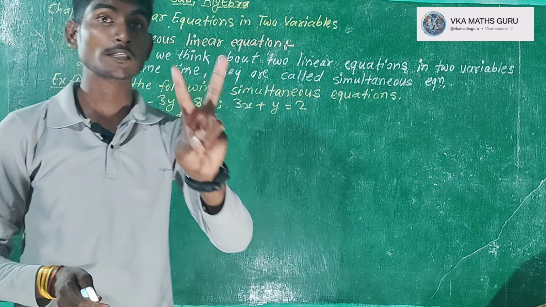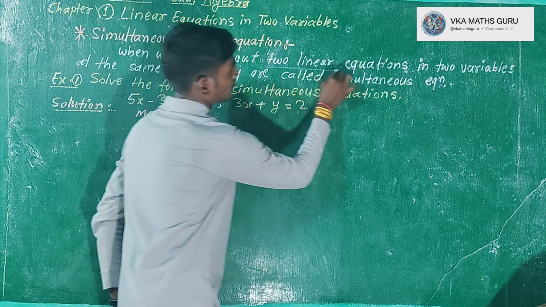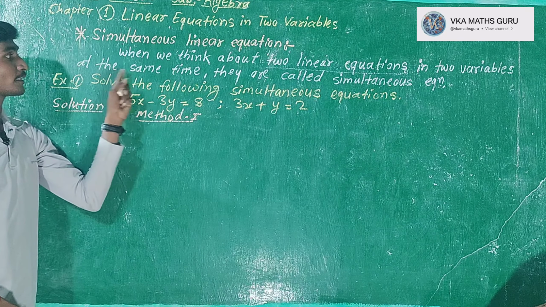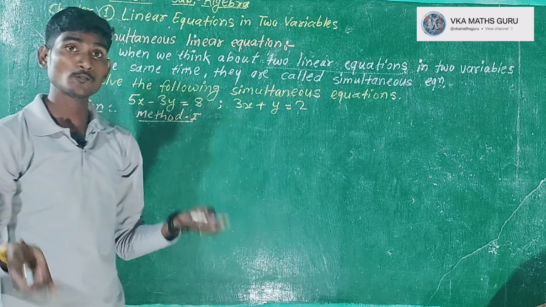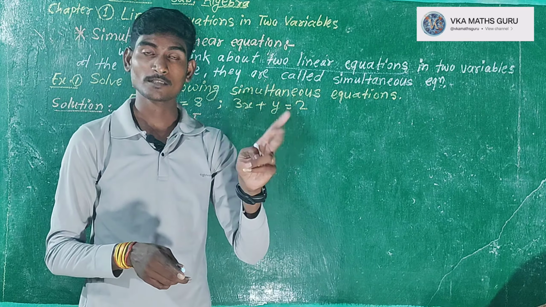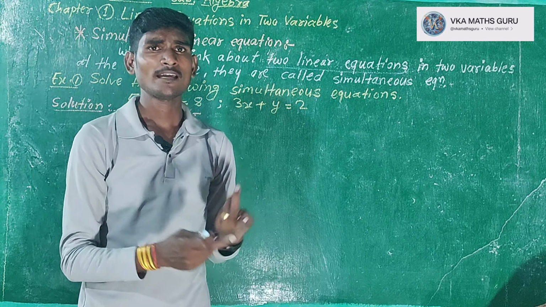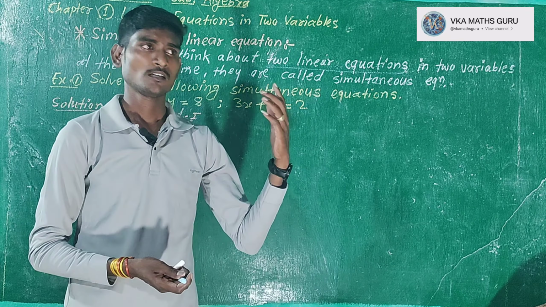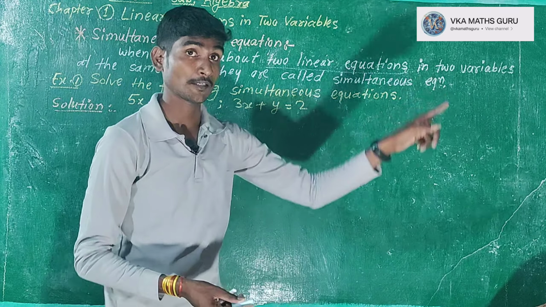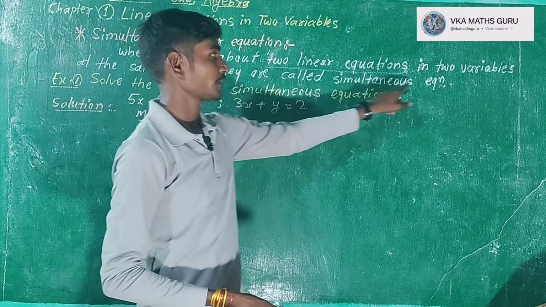So when we think about two linear equations in two variables at the same time, where each linear equation has two variables, like x and y, or m and n, the two linear equations in two variables at the same time are called simultaneous equations.